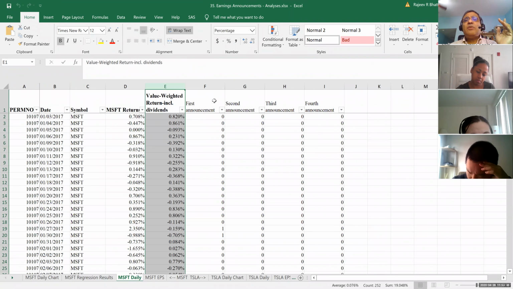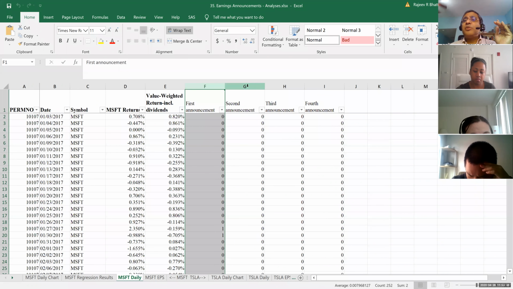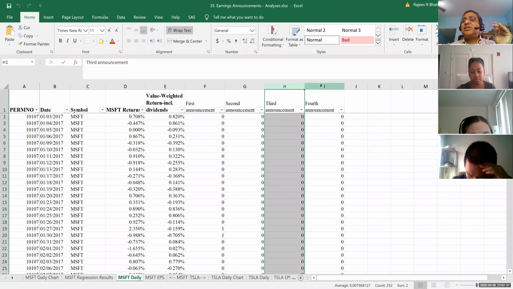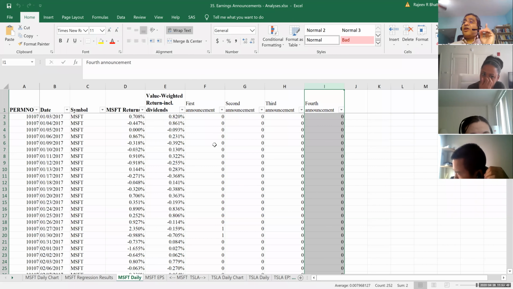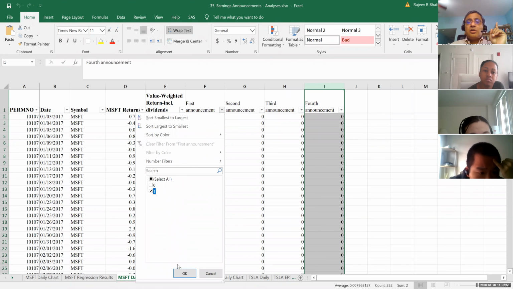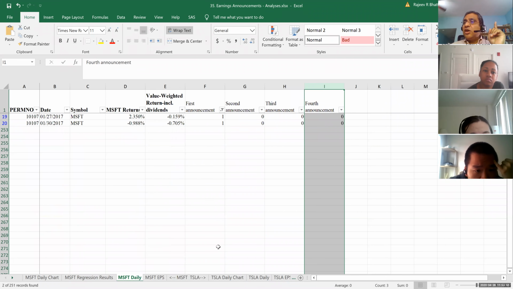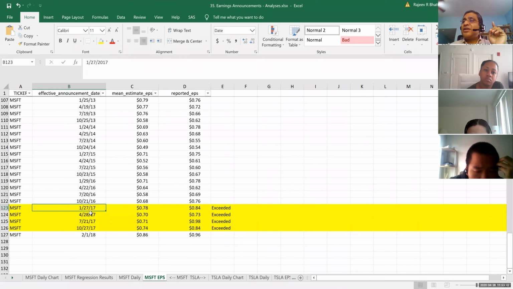First, we put in dummy variables because we are trying to estimate the significance of these announcements in 2017. What dummy variables do we put in for the first announcement? It is 0 all the way. The first announcement was on 1/27/2017.